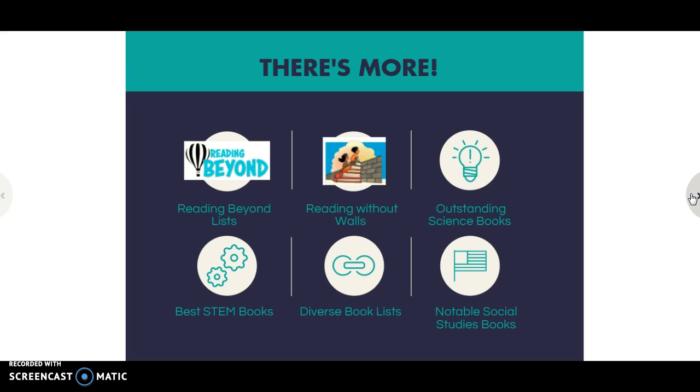The Best STEM Books List was put together as a joint project with the American Society for Engineering Education, the International Technology and Engineering Educators Association, the National Science Teachers Association, and the Society of Elementary Presidential Awardees. The Diverse Books List allows you to search diverse books by age and subject and is published on the Goodreads website. Finally, the Notable Social Studies Book List was put together with the National Council for Social Studies.